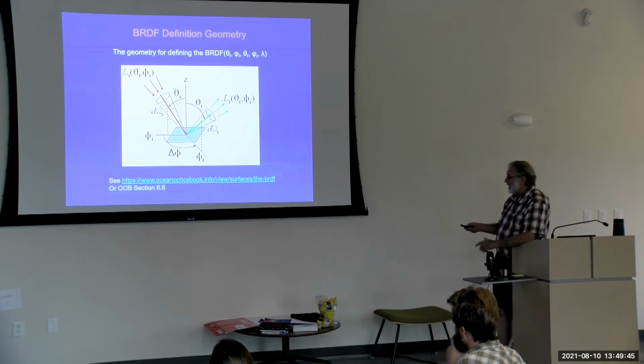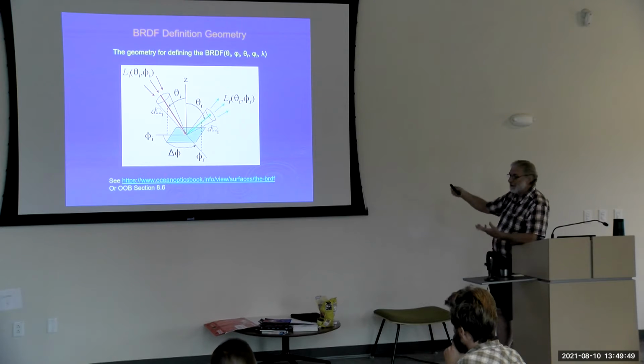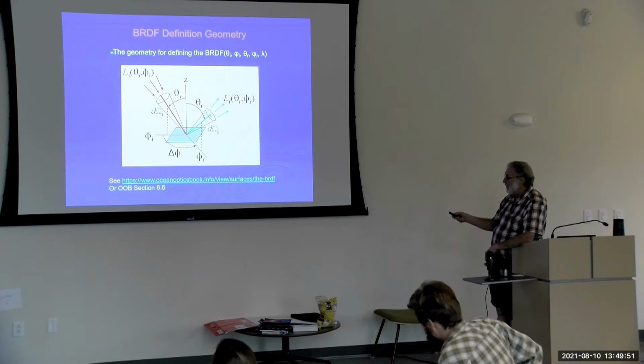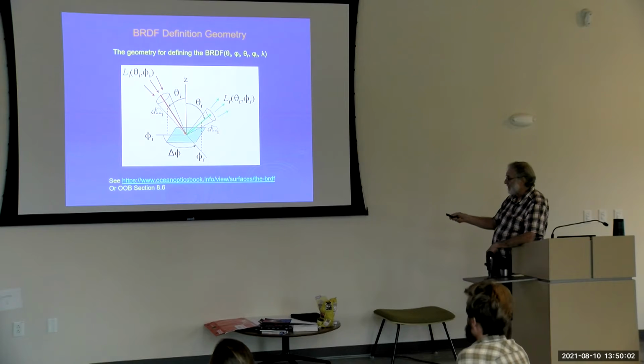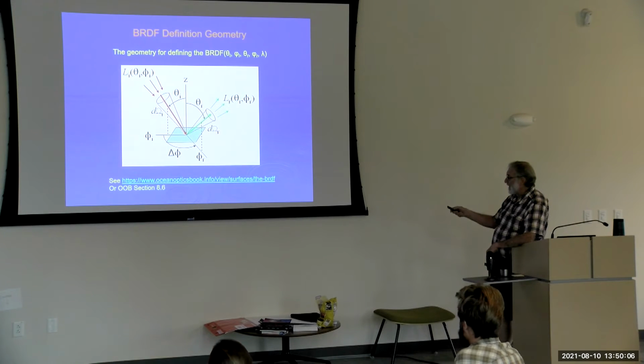So the way you can think of it is, here's a surface that could be the surface of the wall, it could be the surface of the ocean. You've got radiance coming in at some incident angle theta I and some azimuthal direction phi I, and the surface reflects the light off, and you have radiance going out in some reflected direction.